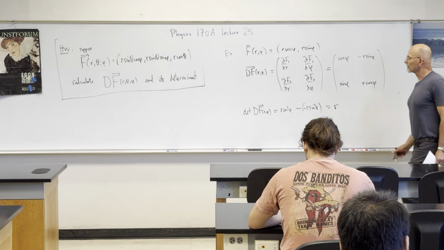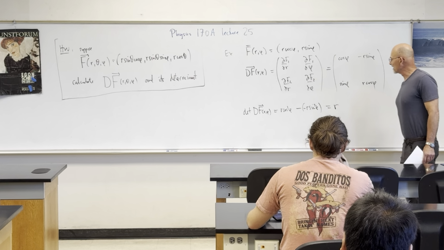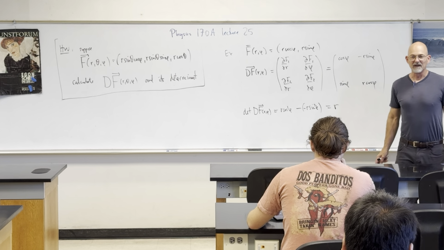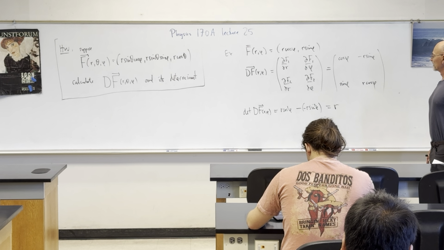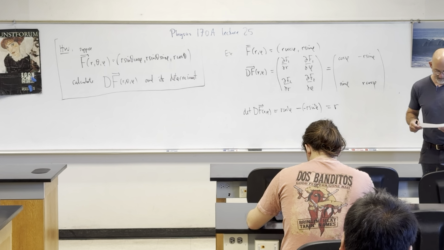You might even guess what's going to come out on the 3x3 one if you want to calculate it. This is the general way of getting the volume elements in multivariable calculus, in different coordinate systems. So it's a good one to look at too, related to what we're doing.